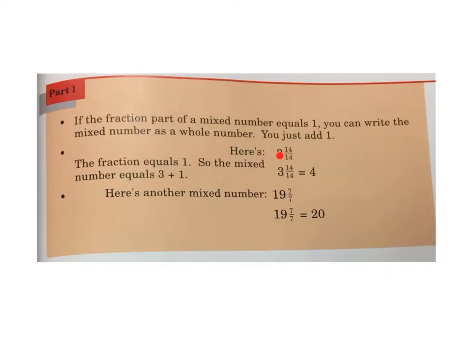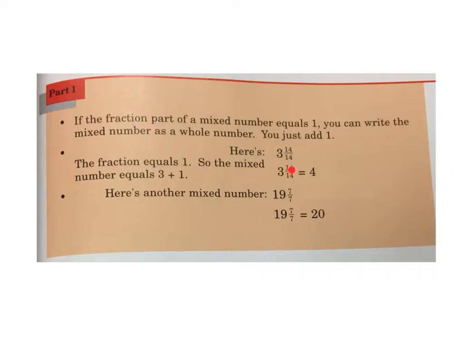So right here you can see I have 3 as the whole number, and then the fraction part is 14 over 14, so I know that this 14 over 14 is another 1. So if the fraction equals 1, what it's really saying is 3 plus another 1.